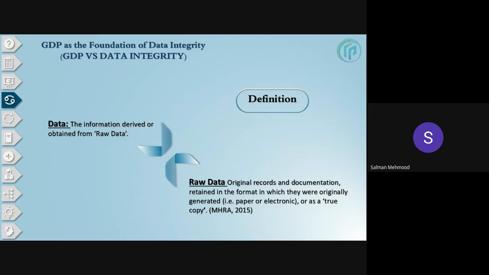Raw data is the original record, the first record where the data is created. It is the source evidence of the activity, like original chromatogram files from the HPLC. While data could be any numbers, printouts, or any graph.